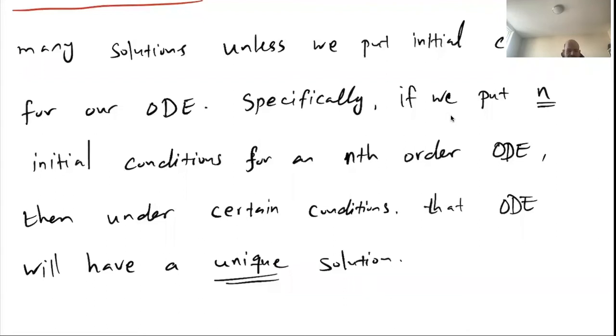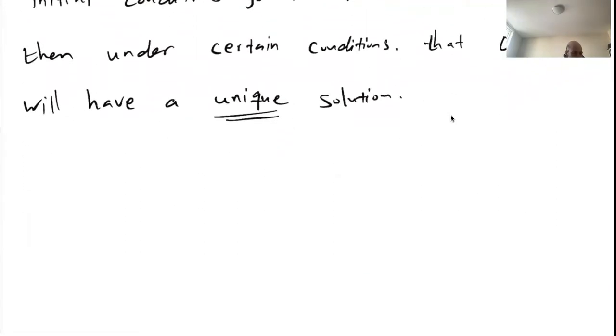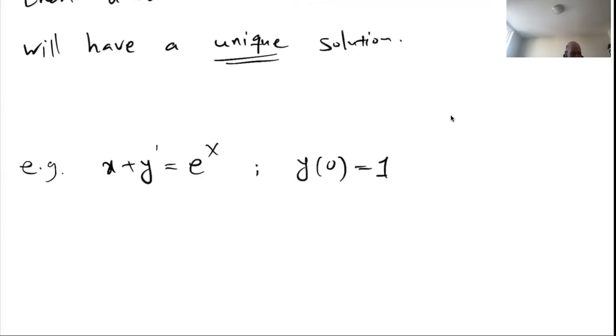So for example, let's say x plus y prime equals e to the x with initial condition y of 0 equals 1, then this equation has a unique solution.